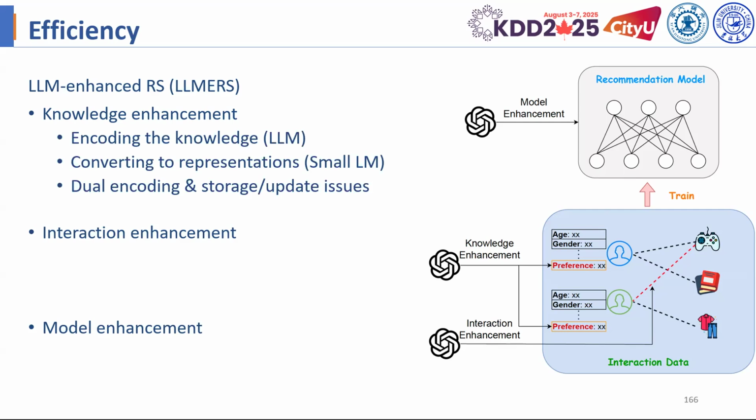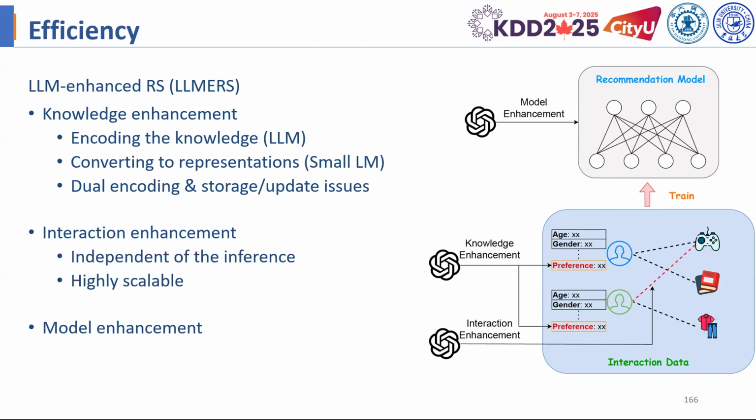The typical knowledge enhancement involves knowledge encoding by LLMs and further conversion to representations with small language models such as BERT. This process requires the dual encoding of large and small language models, which may require large storage and is hard or inefficient to realize daily updates.